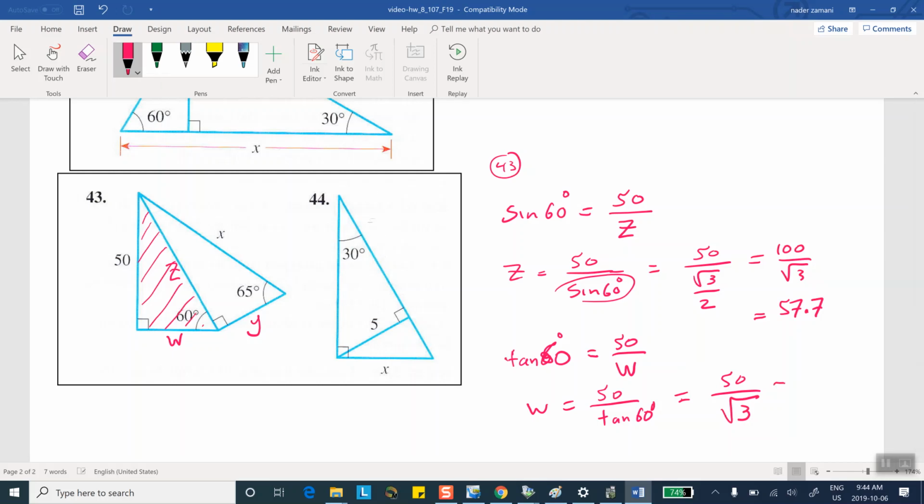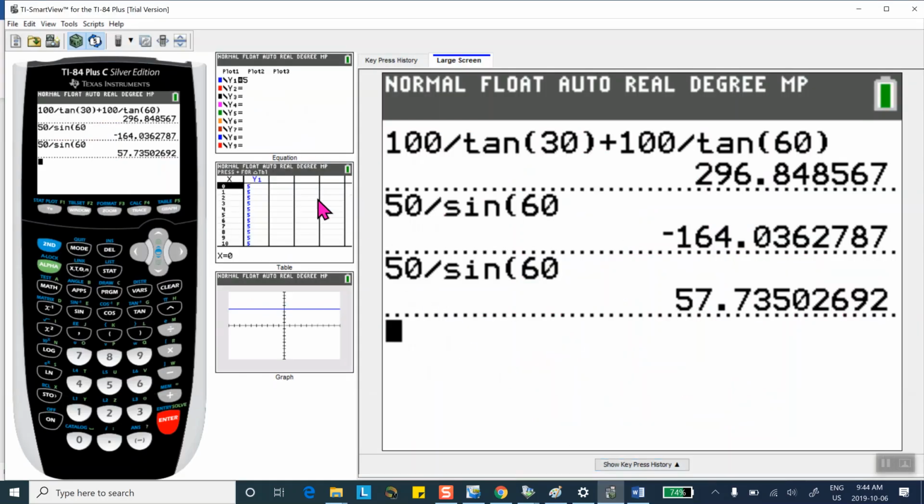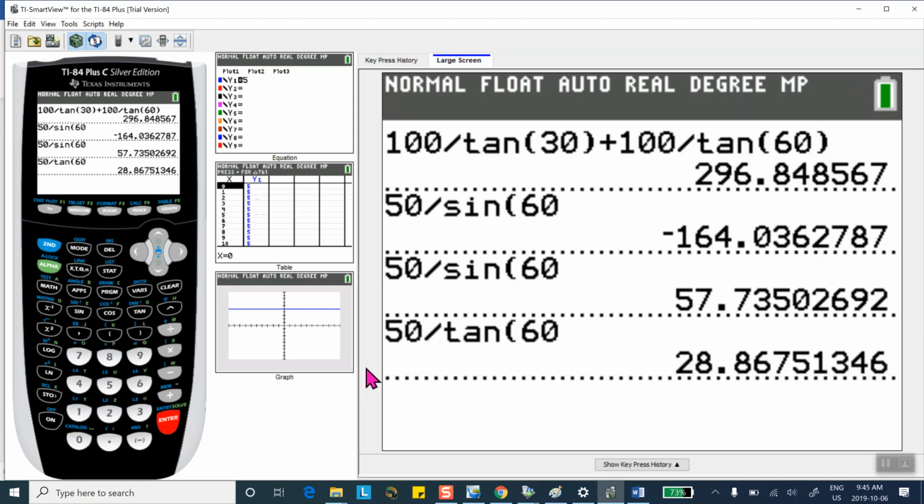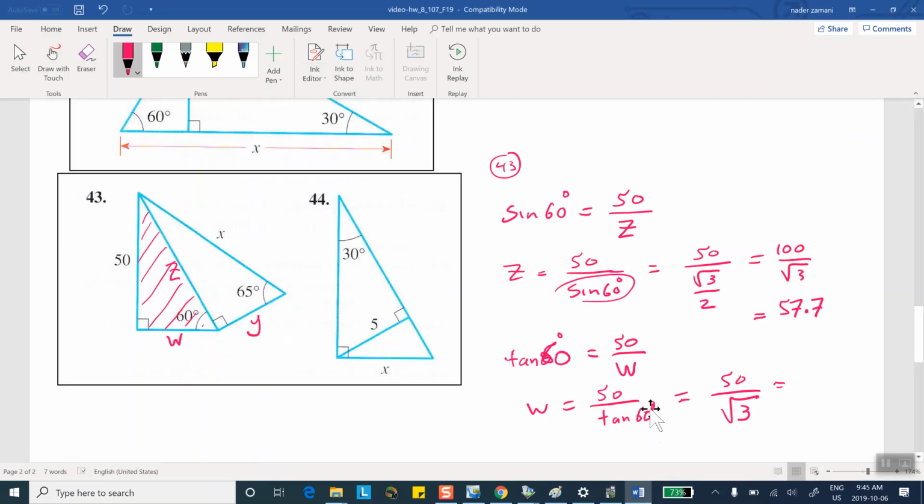So W is equal to 50 over tangent of 60. Let's go back here. 50 divided by tangent of 60, and this is going to be 28.9. So these are all approximate now, 28.9.